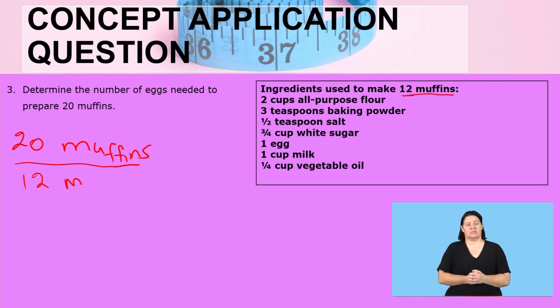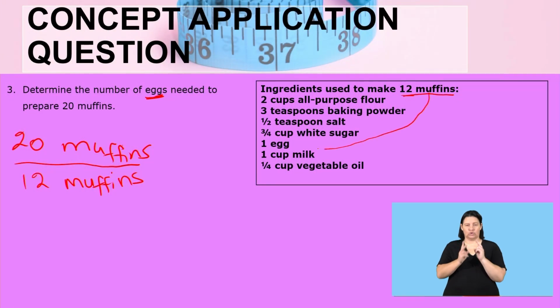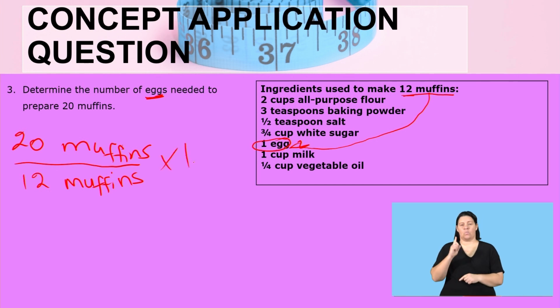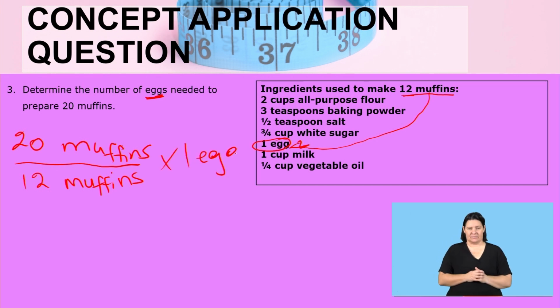Remember, the same units or same items are dividing. Because the question is about the eggs, we check that for 12 muffins, we needed 1 egg. So we multiply by 1 egg in such a way that muffin will divide with muffin.